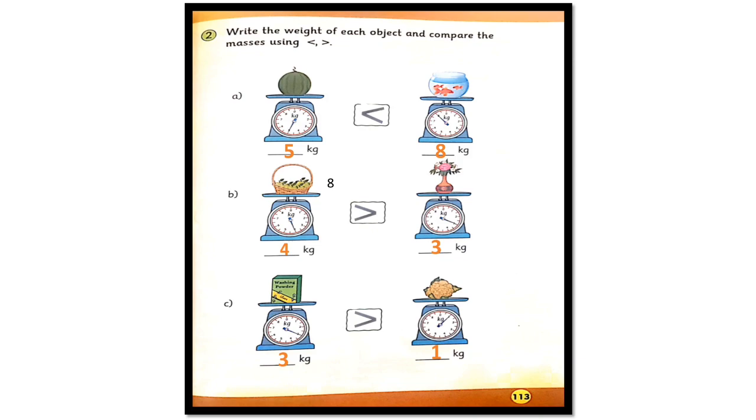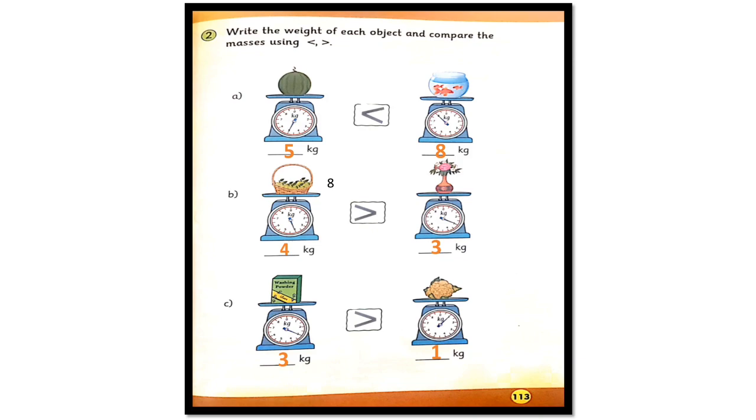The next one is we have to compare the basket of pears and a vase. The mass of the pear is 4 kilograms and the mass of the vase is 3 kilograms. And the mass of the pear is greater than the mass of the vase.